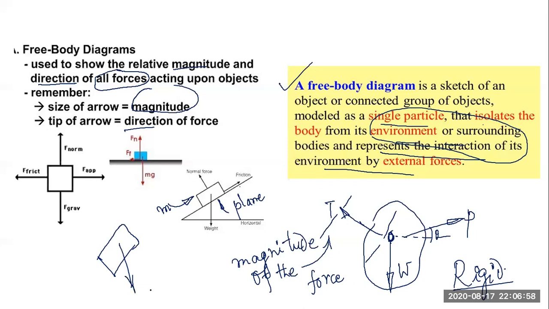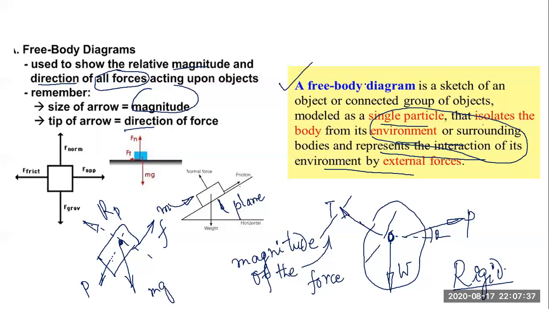Say we have shown the weight mg, we have shown the normal force, say R, by the plane, or the friction force, say F, or the applied force, say P, whatever. Now the thing is that when we are drawing the particle, the point or the point mass, we cannot show any support or any joint.